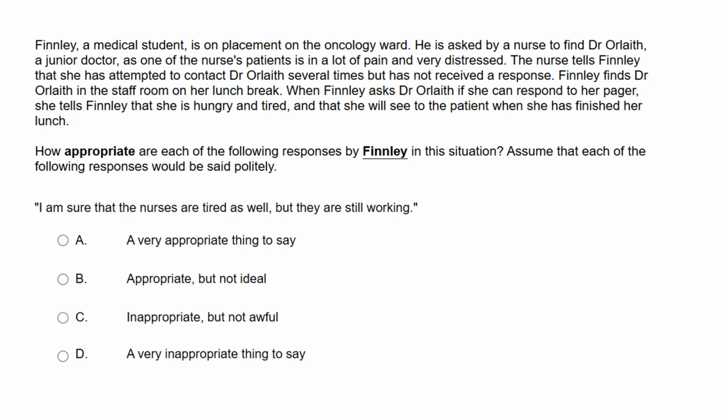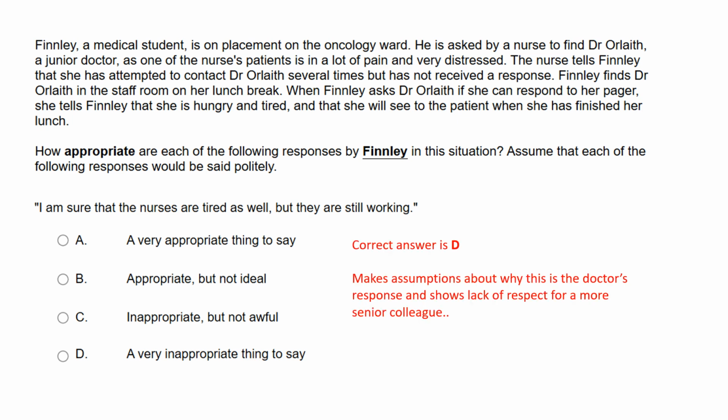So in other words, you're making assumptions that it's their fault because there isn't enough information there. So they decided the correct answer was D, both because it's lack of respect and because you don't have enough information to be sure that they really should be doing this thing.